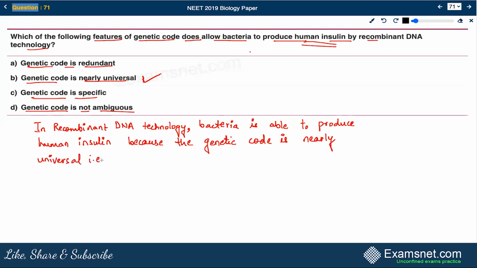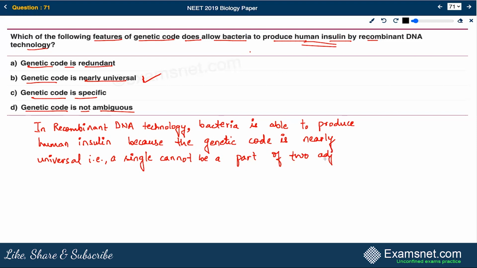So this basically indicates that a single nucleotide cannot be a part of two adjacent codons.